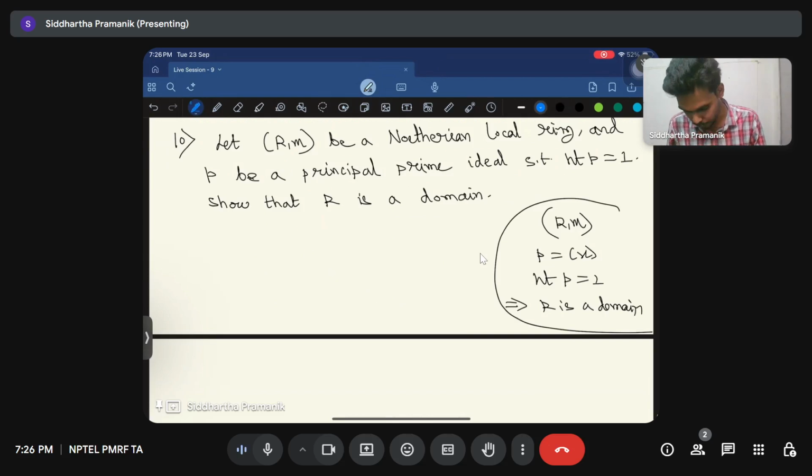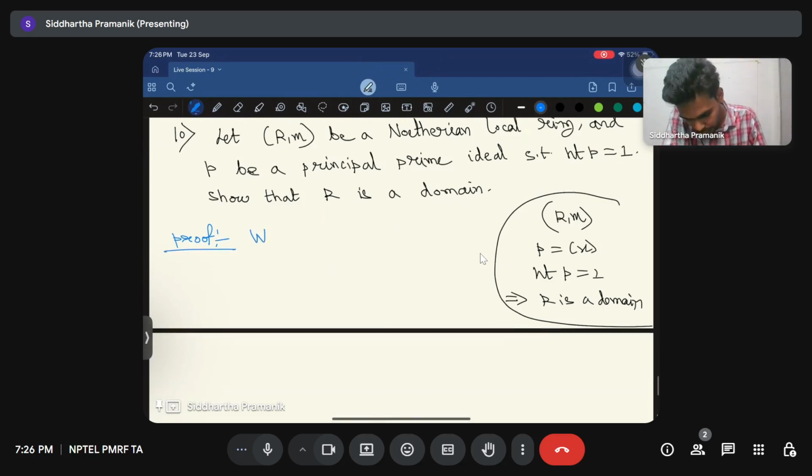So let's prove this. To prove a ring is a domain, it is sufficient to prove that the zero ideal is a prime ideal.